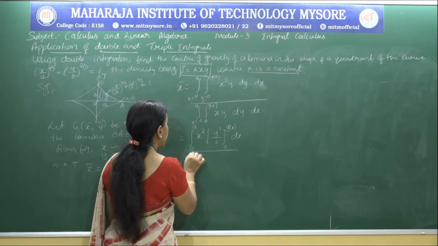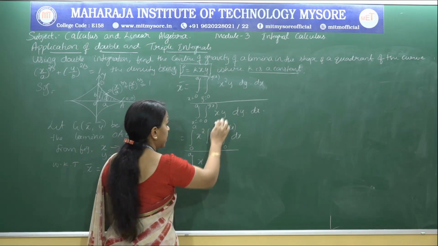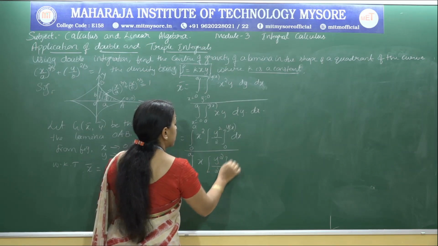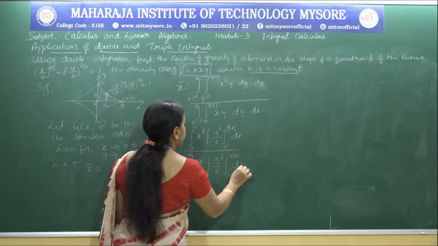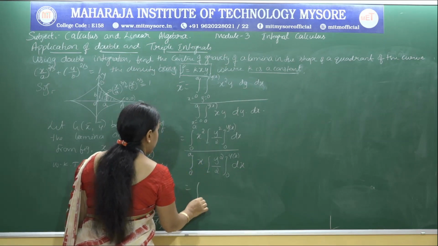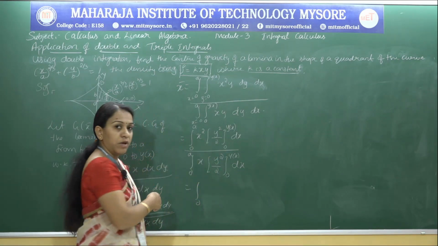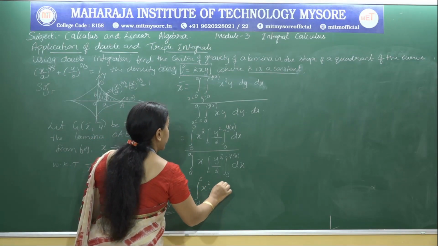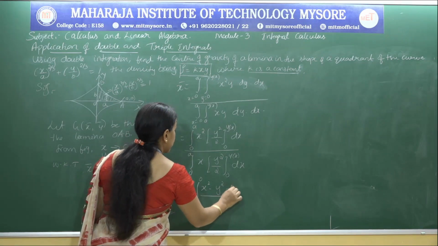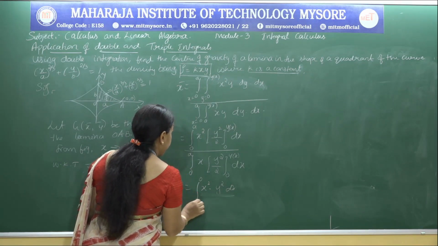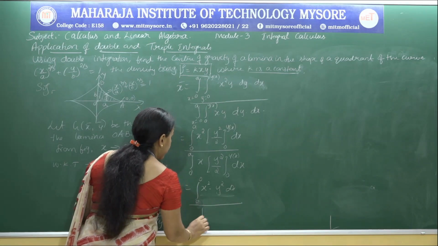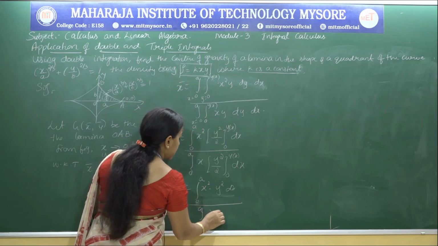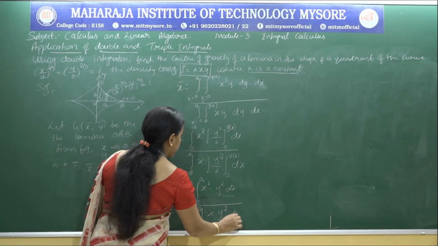Similarly, if I integrate the denominator, double integral, x constant, integral of y is y square by 2 between the limit 0 to y of x, dx. If I apply the limit, we have integral 0 to a, so I can cancel 1 by 2 there, so that we get integral 0 to a of x square into y square dx whole divided by integral 0 to a, 1 by 2 gets cancelled, we remain with x into y square dx.